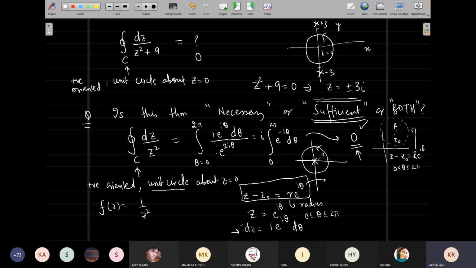This gives you an equation of a circle in the complex plane. When we talk about a path which is a circle in the entire complex plane, it is basically represented by this equation: all the points such that mod of z minus z naught is equal to r, which is the radius, and theta is traversed from 0 to 2 pi.